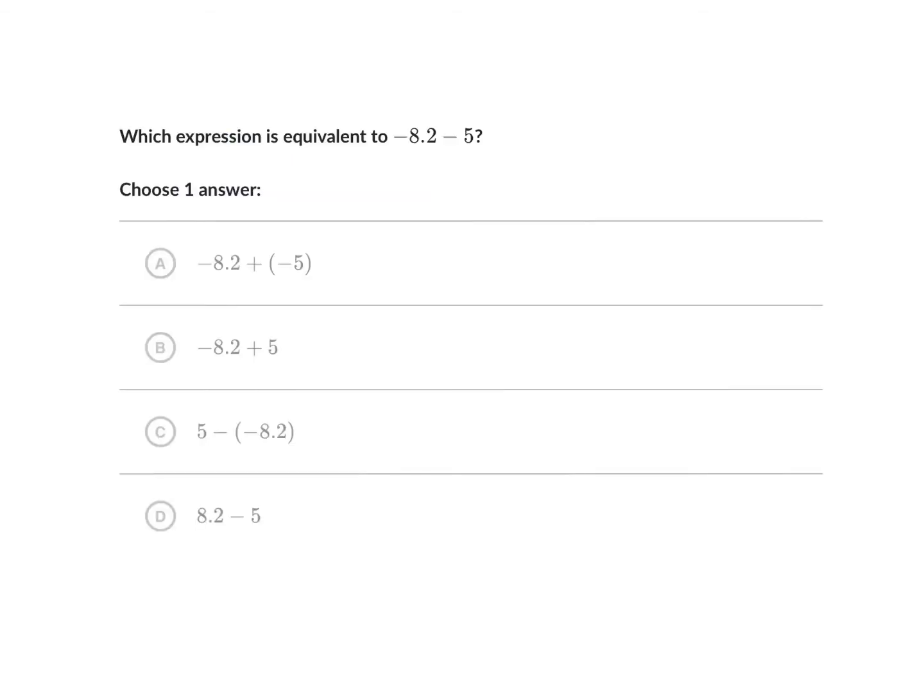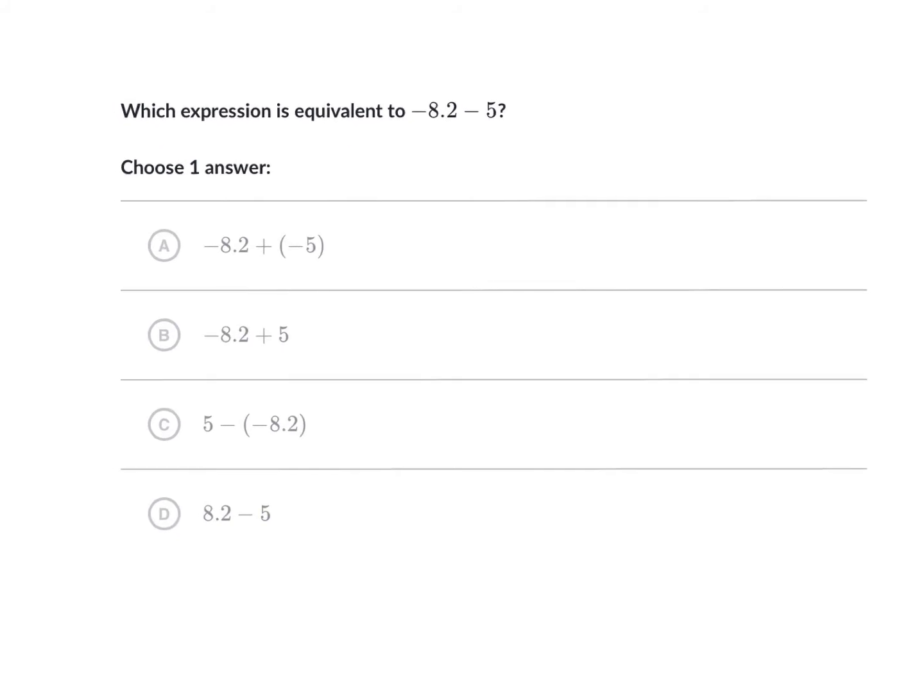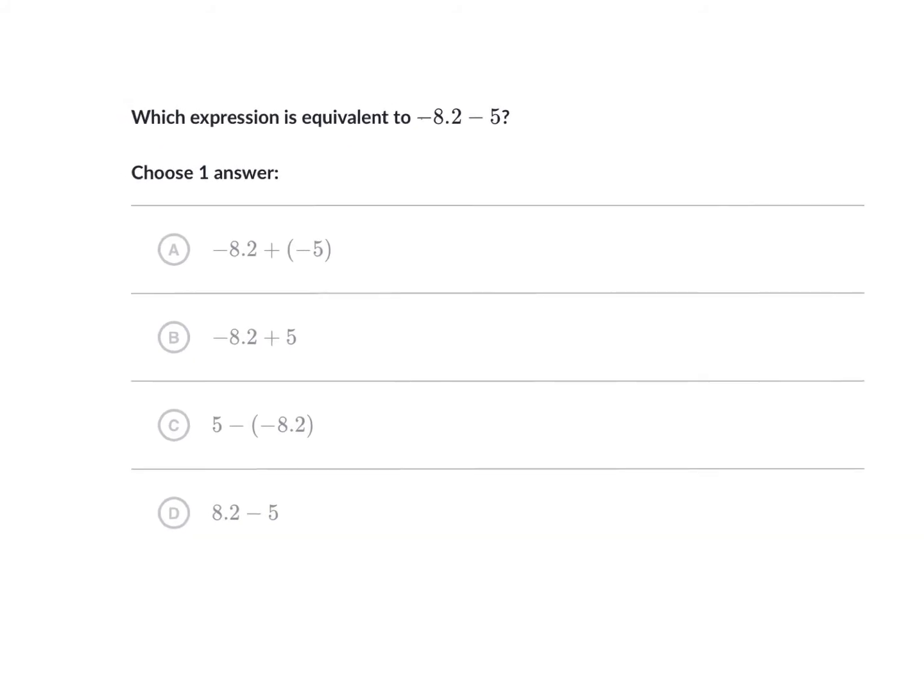Let's now use those skills to work on Khan Academy. So remember, this is -8.2 minus 5. I'm going further in debt. I need to find an expression that also shows me I'm going further in debt. Take a look right here.